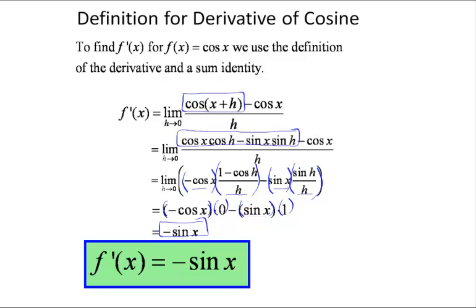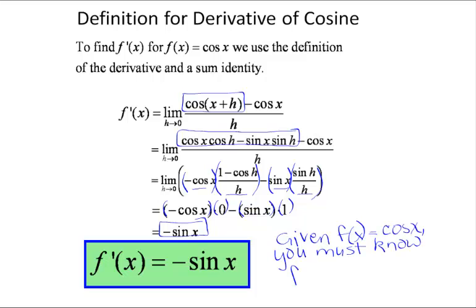So you are responsible for knowing, given f of x equals positive cosine of x, you must know f prime of x equals negative sine of x.